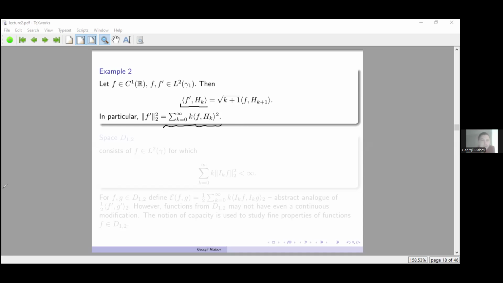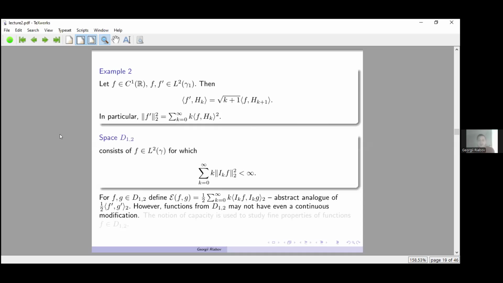And this equality allows us to define the abstract analog of inner products of the derivatives. This is the so-called Sobolev space. It consists of square integrable functions for which the sum of projections squared times k is finite.